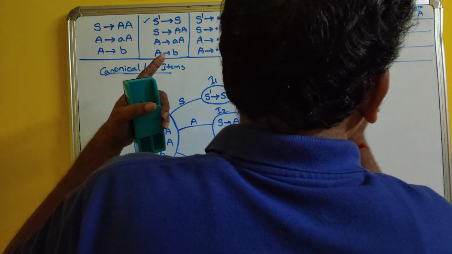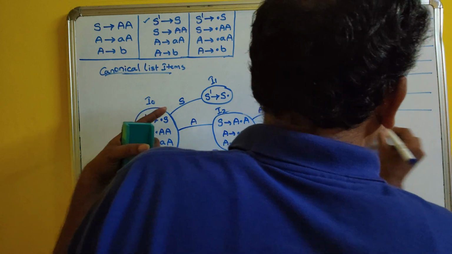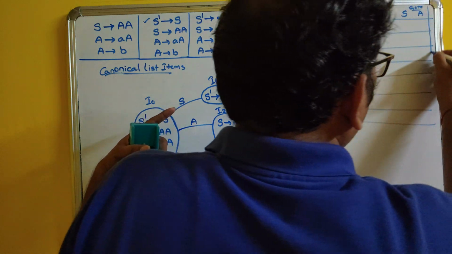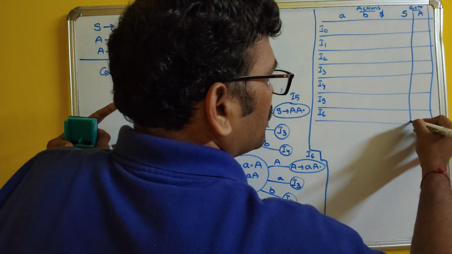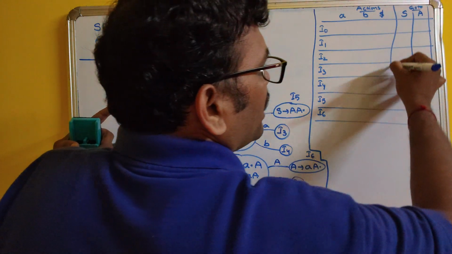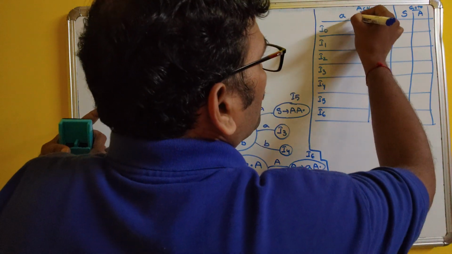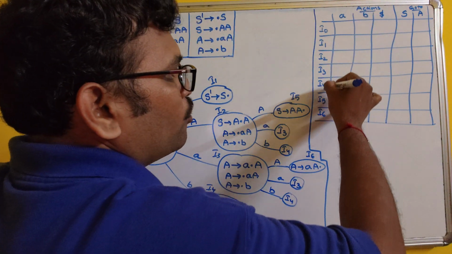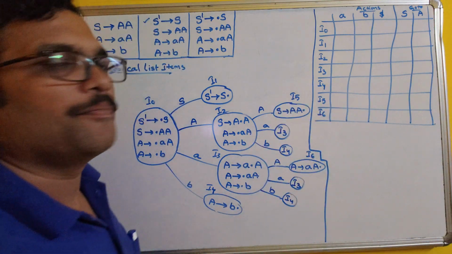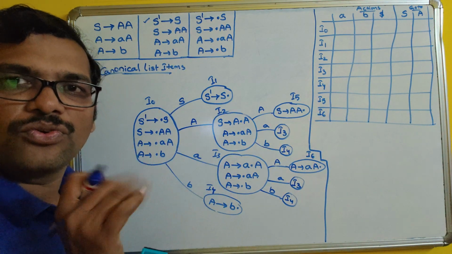You can create a parsing table with the help of canonical productions and the numbering of productions. So I am creating the complete grids. I am drawing the grids so that there will be no confusion about this. There is a completely zigzag position, so don't worry about that.